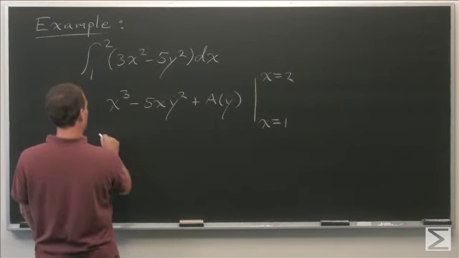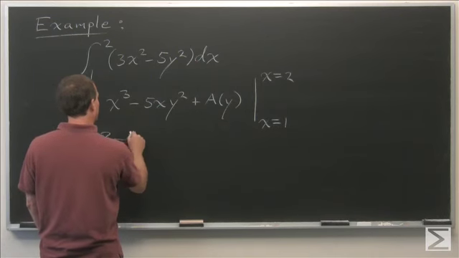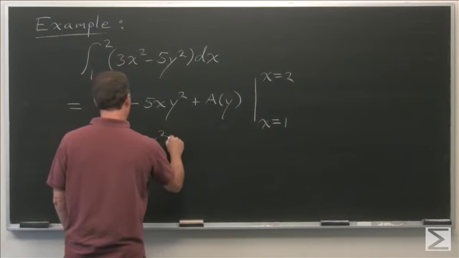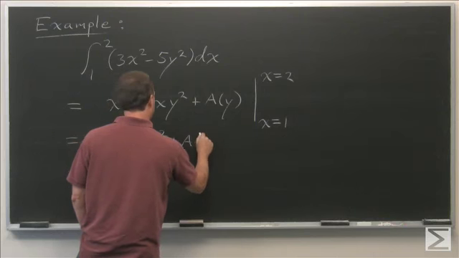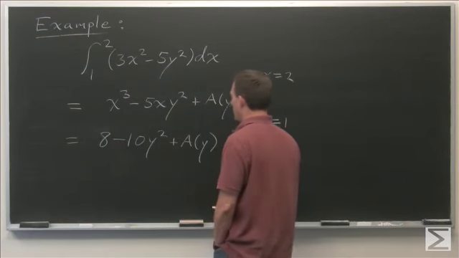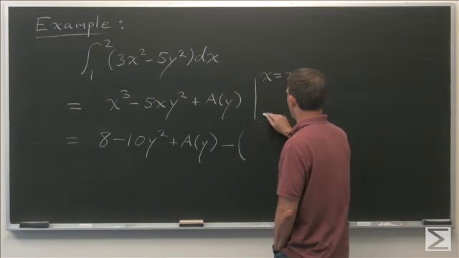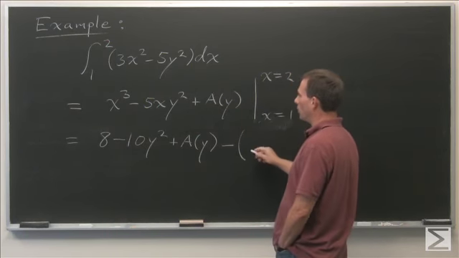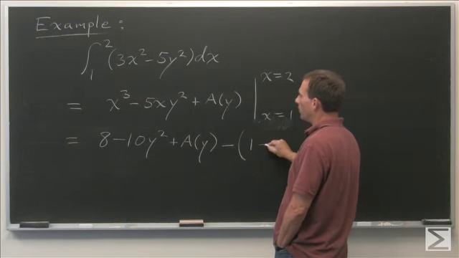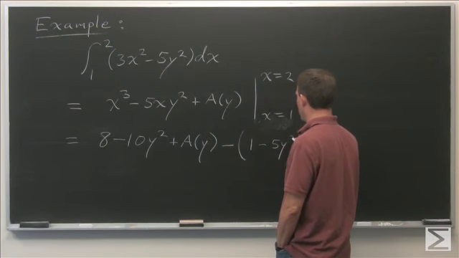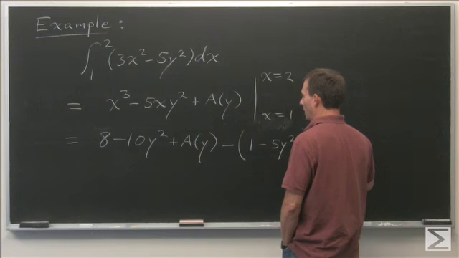So when x is 2, you get 8 minus 10y squared plus a of y. And you subtract what you get when x is 1. And when x is 1, we get 1 minus 5y squared plus a of y.